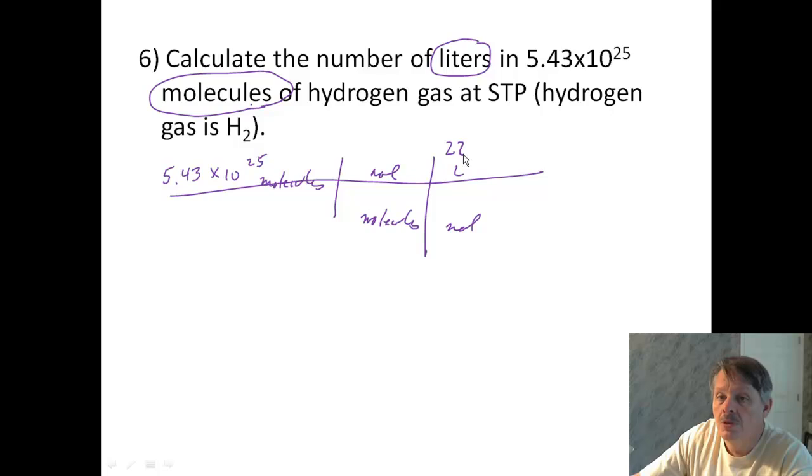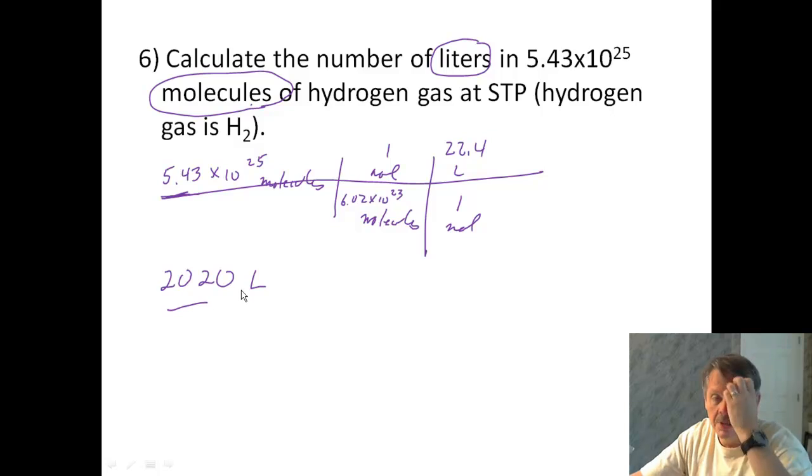My moles to liters conversion is always 22.4 liters in 1 mole at standard temperature and pressure. And there's 6.02 times 10 to the 23rd molecules in 1 mole. When I multiply and divide all this out, I get 2020 liters. Now again, notice I had 3 sig figs in my problem and I've got 3 sig figs in my answer. That's where that came from, because I did have to round.